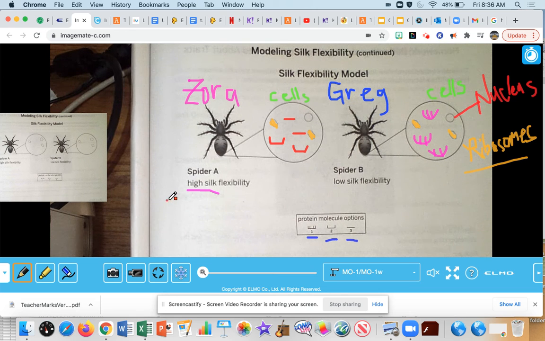And we have fewer connections here. With Zora, and with Greg, we have more connections.